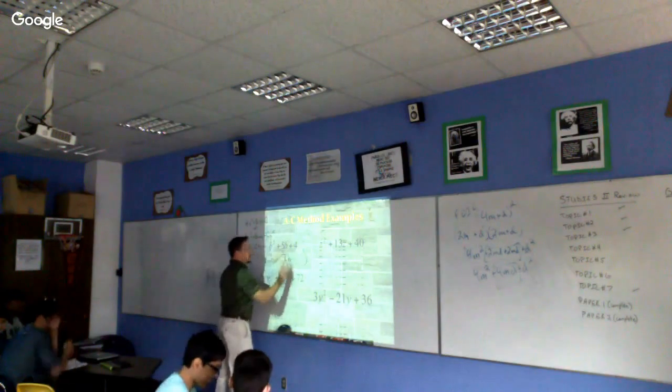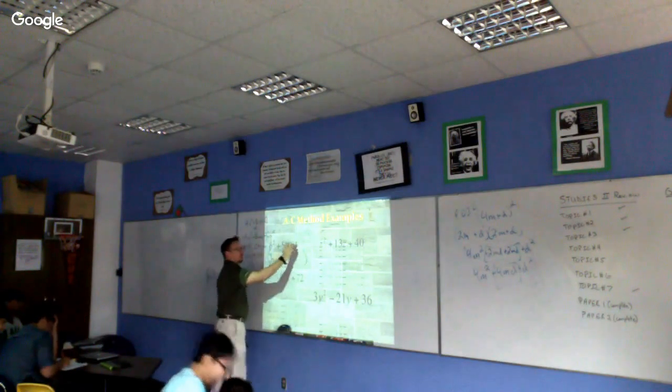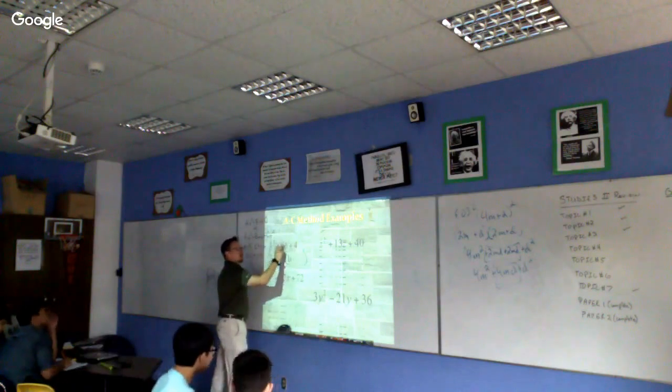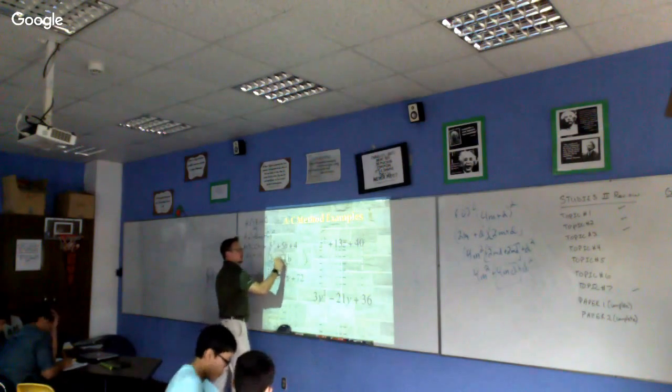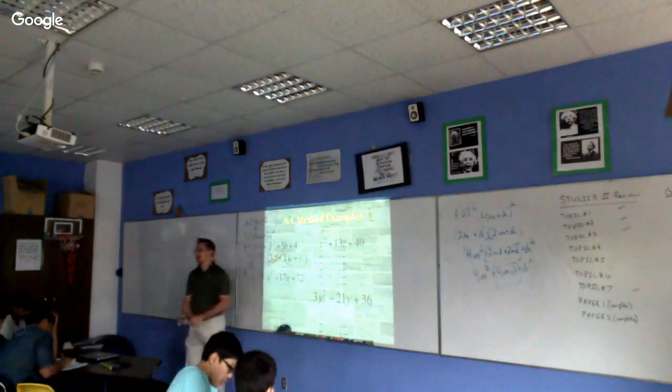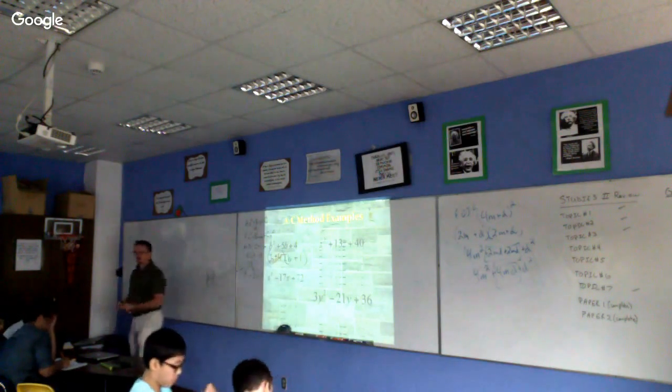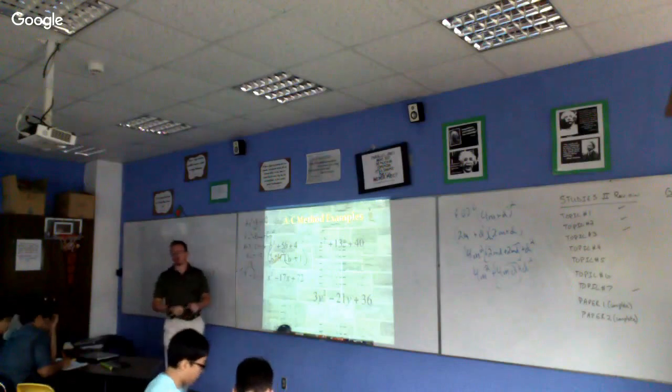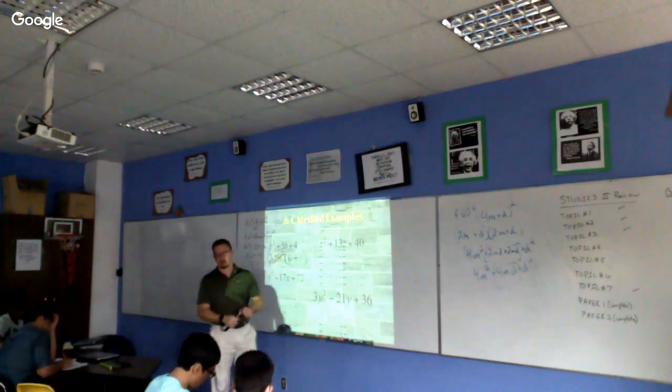So we have b times b. Two numbers that multiply to give me 4 and add together to give me 5: a positive 4 and a positive 1. And you're done. So when the leading coefficient is 1, it makes life a lot easier.